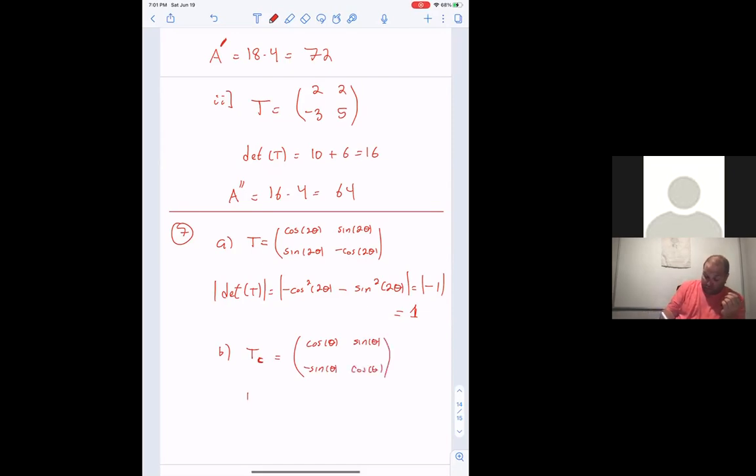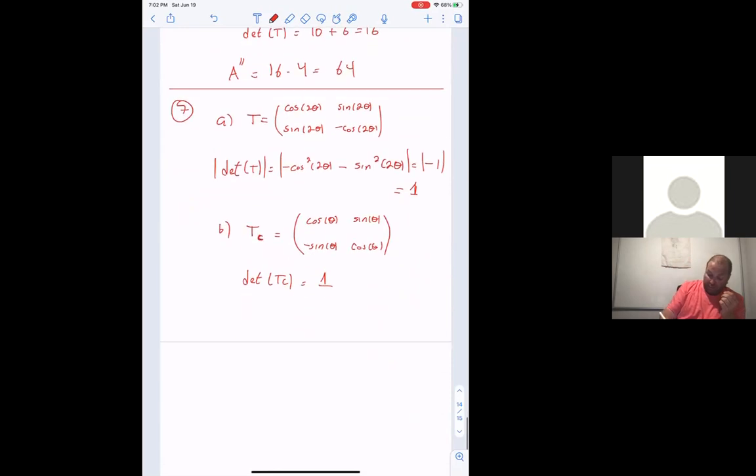And what is its determinant? Cosine squared plus sine squared, straight up 1. I don't even need the absolute value. And counterclockwise is [cos θ, -sin θ; sin θ, cos θ], and the determinant of T counterclockwise is cosine squared minus negative sine squared, cosine squared plus sine squared, also 1.